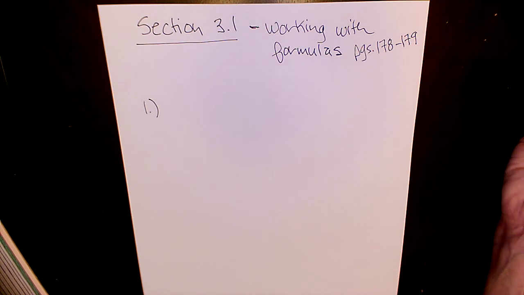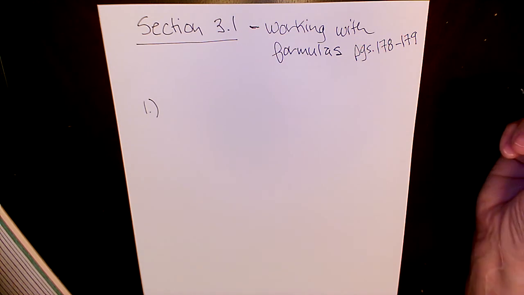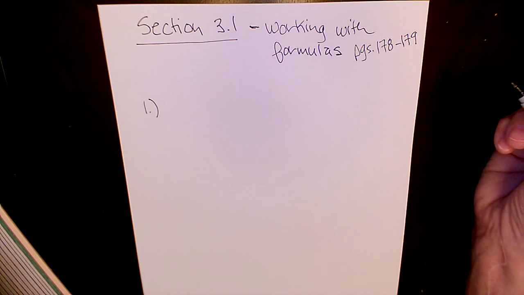The ones I want to emphasize are in the dark blue box on the bottom of page 178 and the top blue box on page 179. I'm just going to go over a few of them.